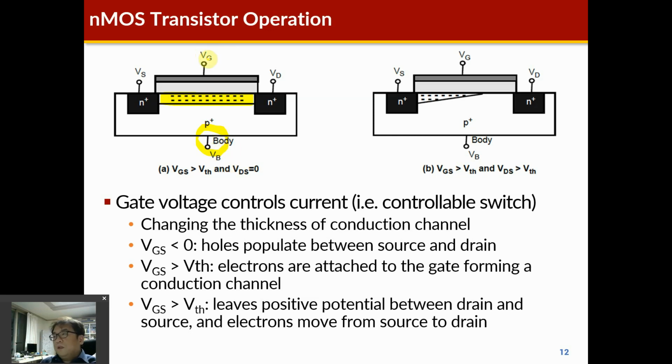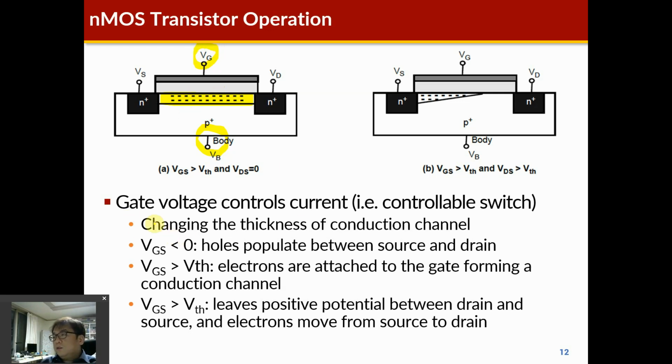So we can control the on and off of this channel with the gate voltage. That is the basic operation of the MOS transistor.